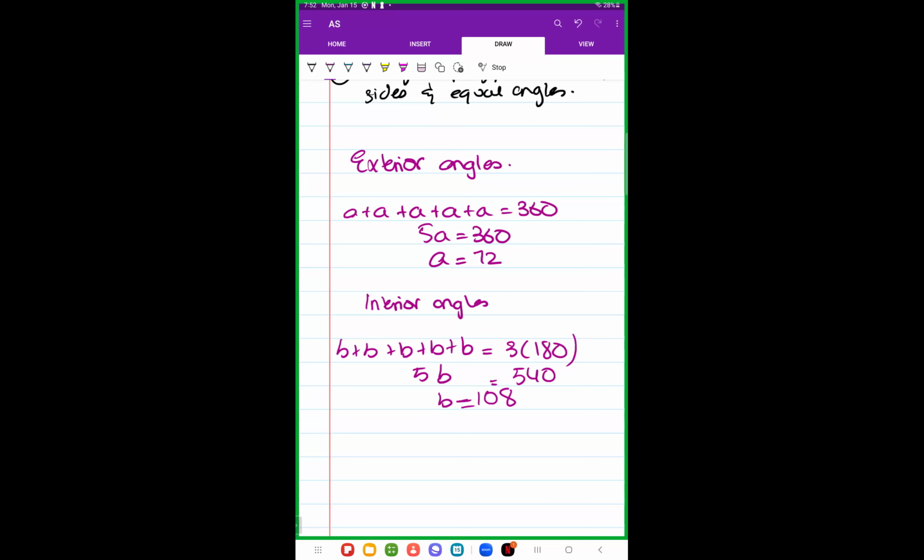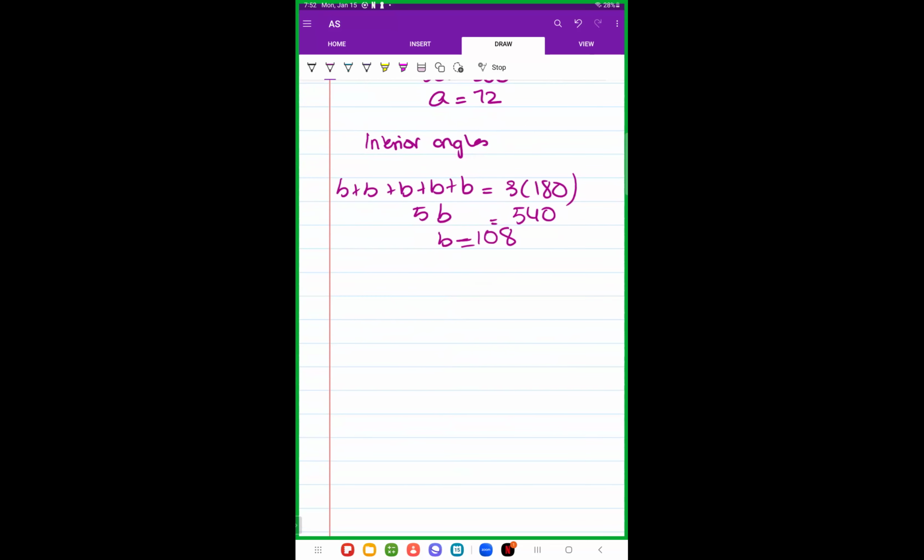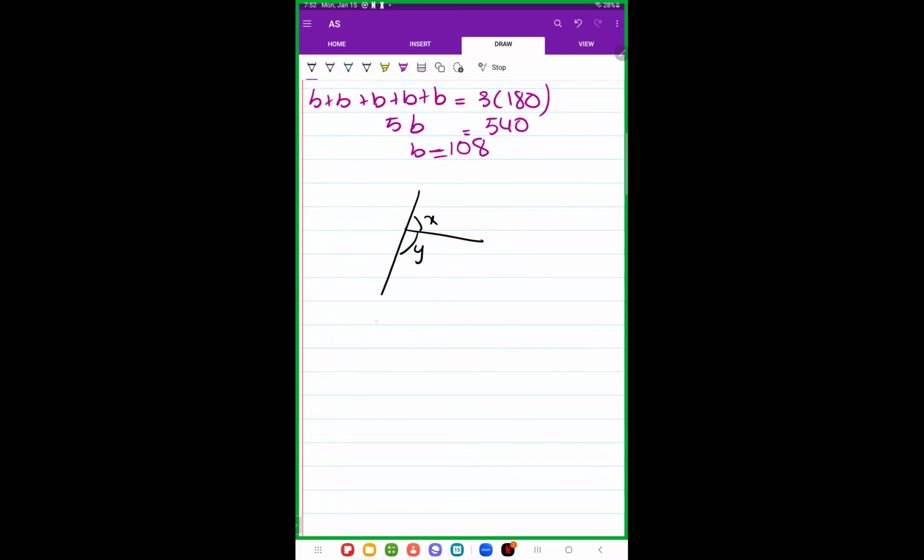Can you see a straight line for x and y? Yes, it's a straight line. Do they lie on the same line? X and Y, yes. So I'll use this straight line. x plus y should be equal to 180. So y is equal to 180 minus x. Make sense? X was 60. So do I input that value? Yeah, so I use a straight line.